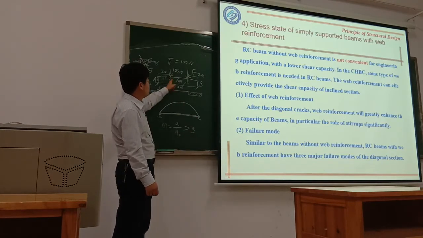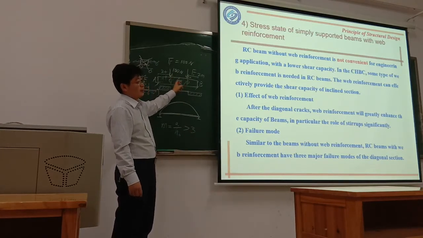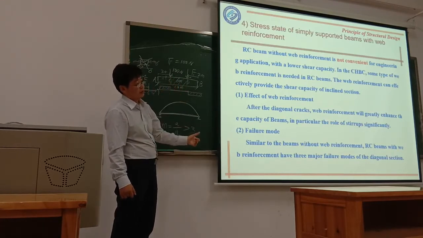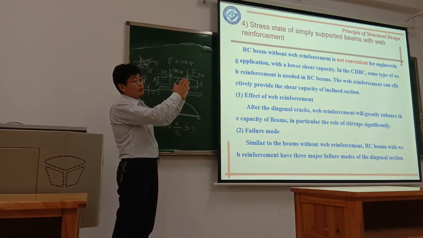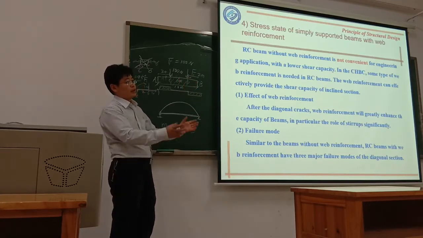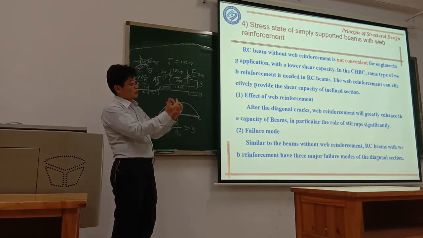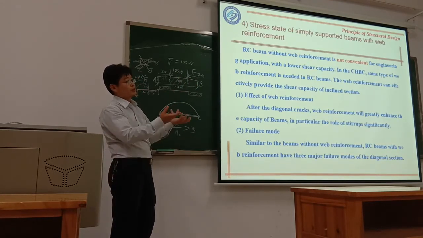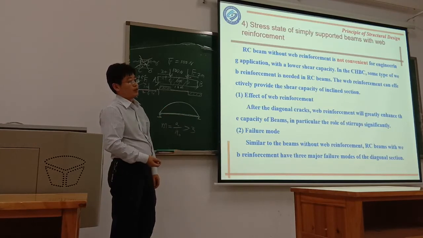But if you put the stirrup inside, then the failure will not be a brittle one. Because you got the stirrup inside, you got the bending up reinforcement, then the failure will work just like the plastic mode. So it wouldn't be so sudden.